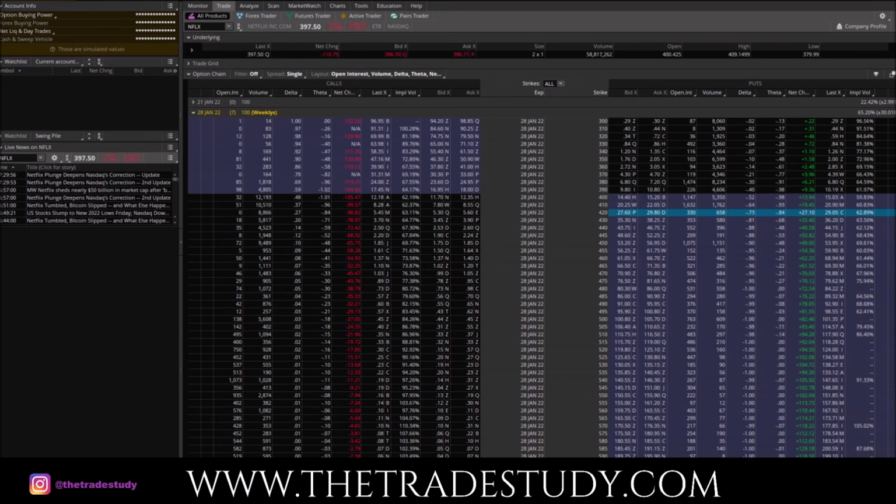As the price goes down, you're going to notice that the net change isn't as much. And the reason for that is because of this huge drop. Remember, when the stock price goes under the strike price, these contracts are considered in the money.